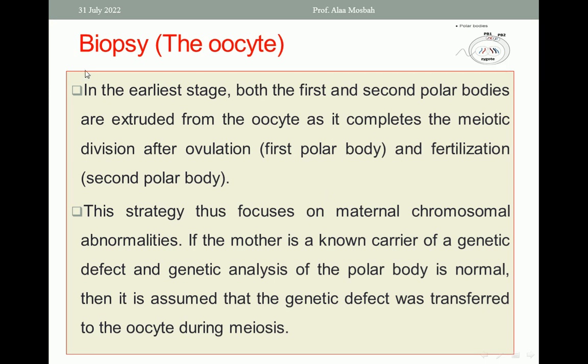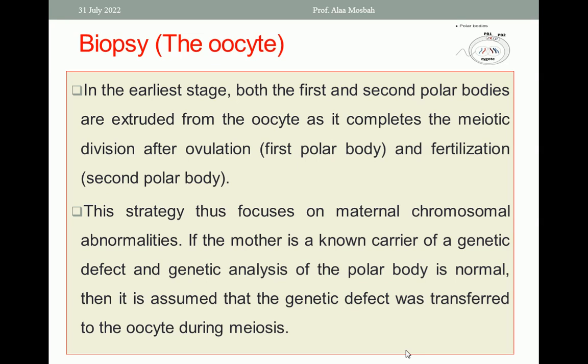So let us start with the biopsy from the oocyte. In the earliest stage, both the first and second polar bodies are extruded from the oocyte as it completes the meiotic division. The first polar body is available at the time of ovulation, after the first meiosis.